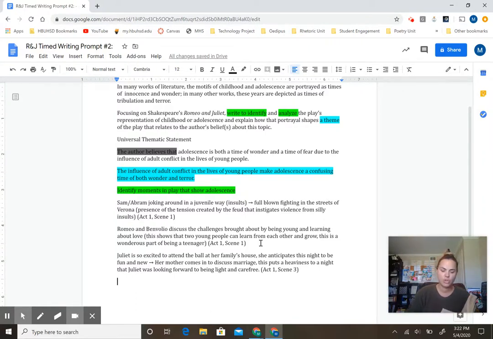And then Mercutio's trying to tell him that love should make you light and you should be able to just dance and have nimble feet. So again, similar to the Romeo and Benvolio moments, right, where they're just discussing challenges together and learning from each other. That's a positive scene between two youth.